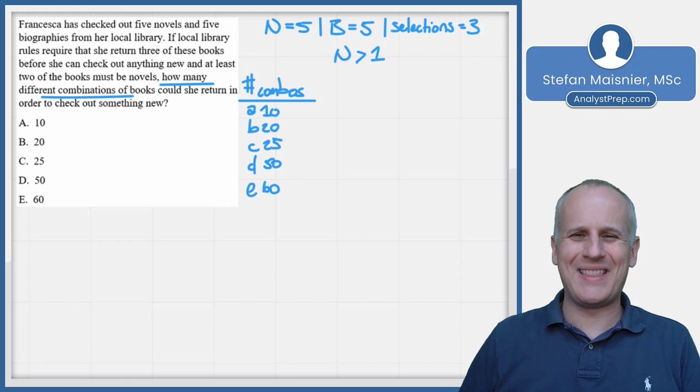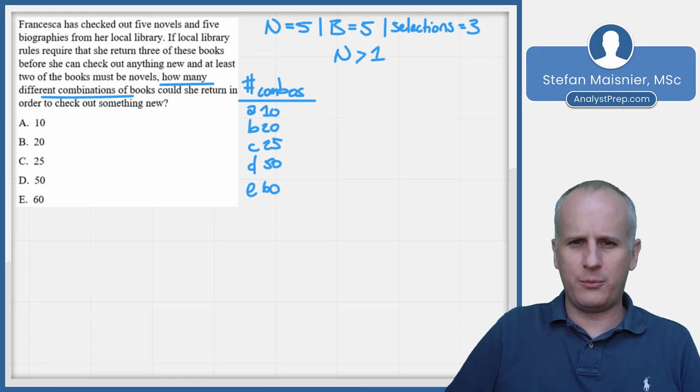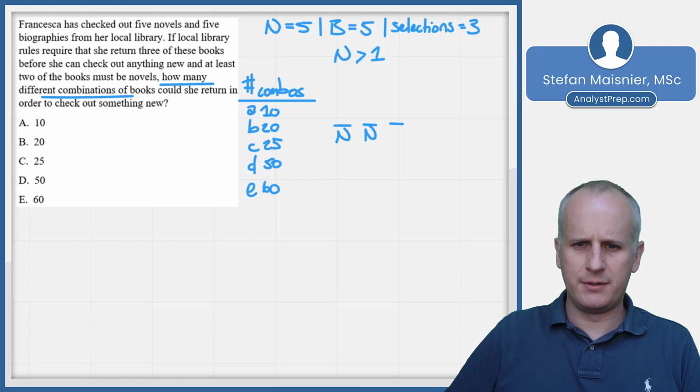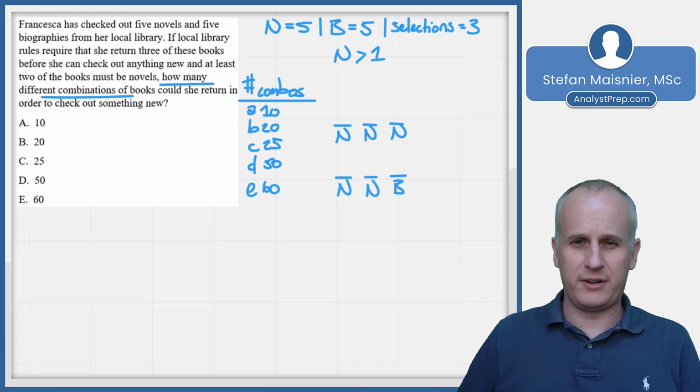So this is when that iteration thing comes into play. So we know that there are going to be 3 selections to be made, but we could have either all of the books be novels or 2 of the books could be novels with 1 biography.